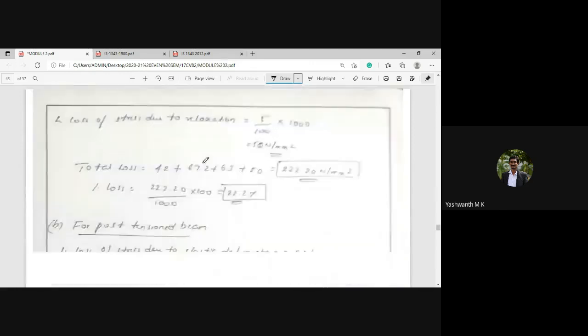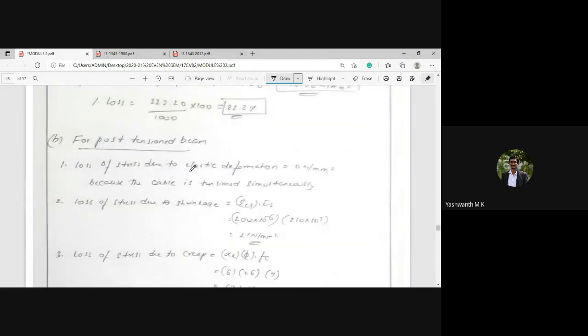As we know, if all the cables are simultaneously tensioned, loss of stress due to elastic deformation in a post-tension beam is equal to zero. No loss is encountered when it is simultaneously tensioned. Is it clear?